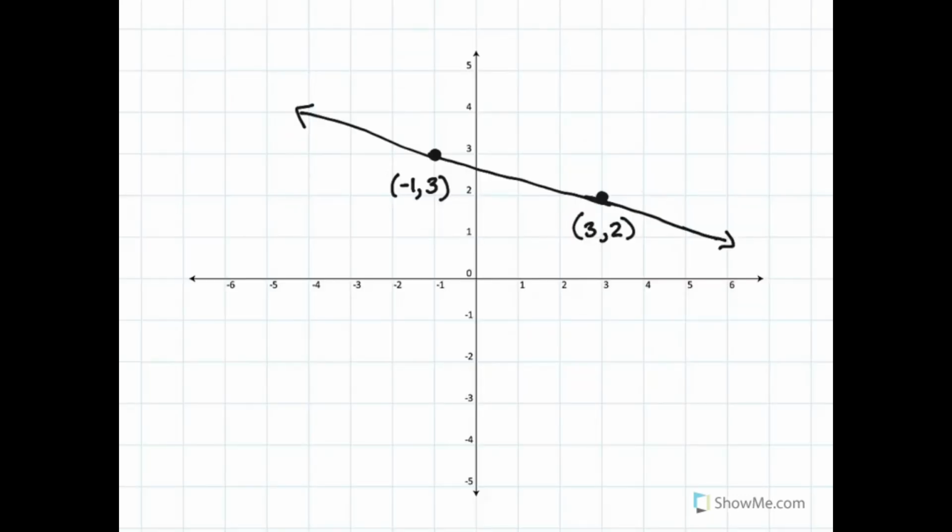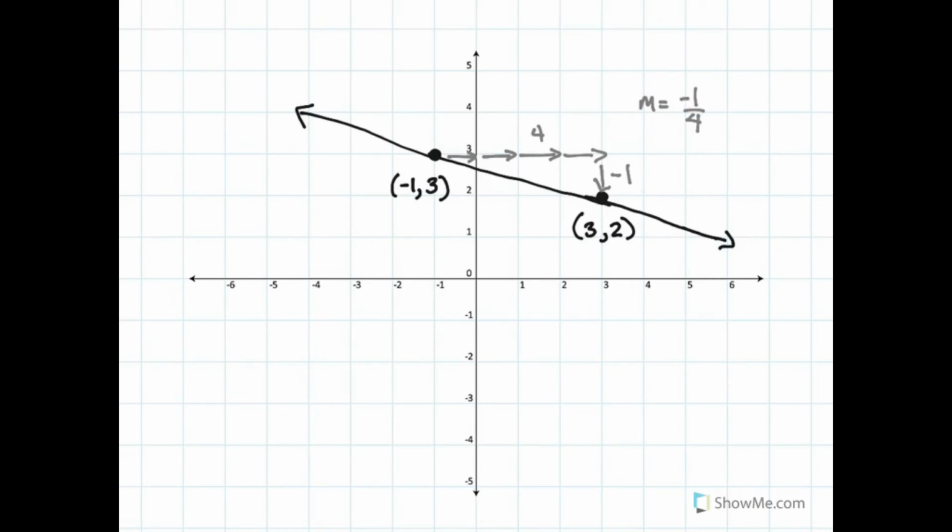If I'm given 2 points on a line, I can always find the slope by graphing them and counting. The run in this case is 1, 2, 3, 4. So I have a run of 4 and a rise of -1. So that gives me a slope of -1/4.